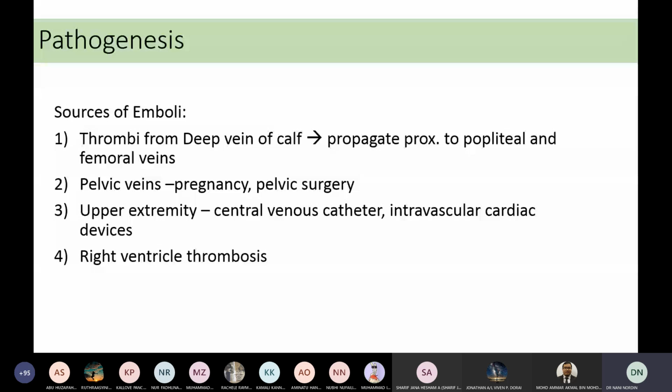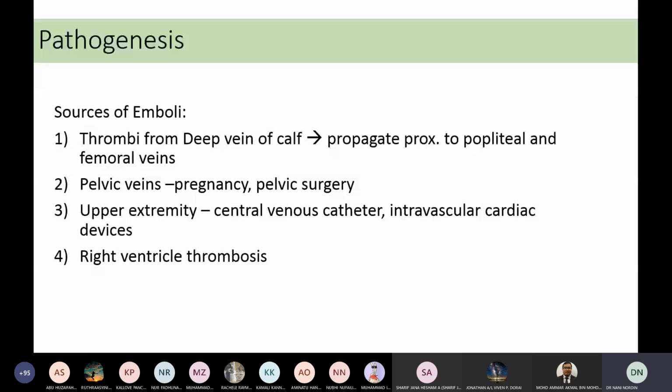We talked earlier, it can also come from upper extremities, especially when we have a central venous catheter, from the central line, or intravascular cardiac devices, so it can travel through this pathway. We can also have a thrombosis formed in the right ventricle. This is very, very rare.